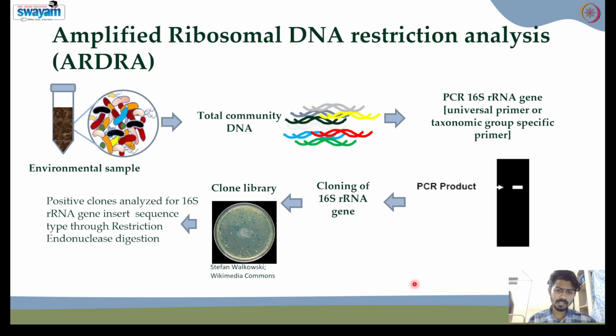This is how they group and try to identify the microorganisms whenever we give an environmental sample. This is one of the powerful techniques now used to identify microbial diversity in any environment. So this is the first technique, amplified ribosomal DNA restriction analysis, where the scientist uses restriction enzymes to find a particular banding pattern.